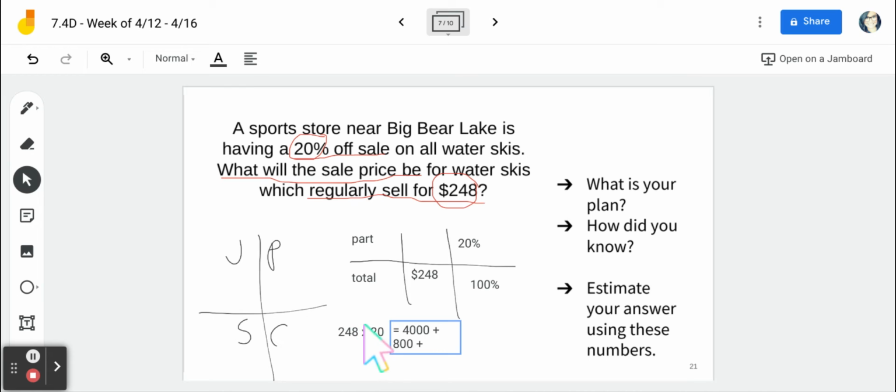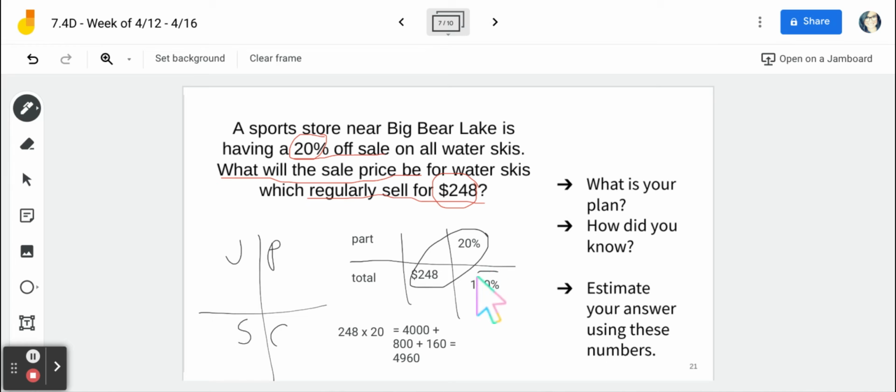And 8 times 20 would be 160. And the way I know that is because I'm really multiplying these things by 2 and then just adding a 0. So when I add all these things up, my final answer would be 4,960 for this cross multiplication.